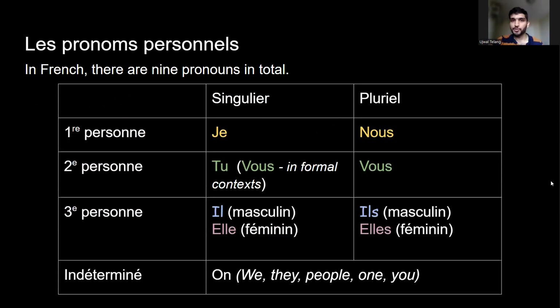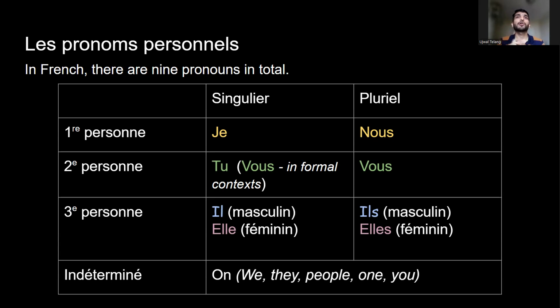Now let's look at the French pronouns. Les pronoms personnels en français. Je, tu, il, elle, on, nous, vous, ils, elles. Okay? Je is I. Tu is you.